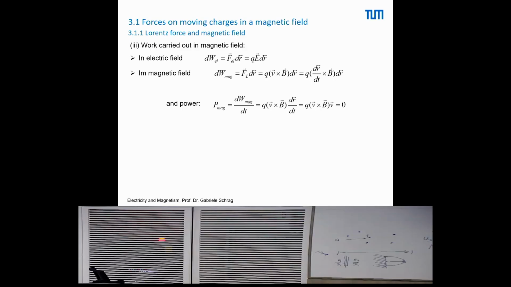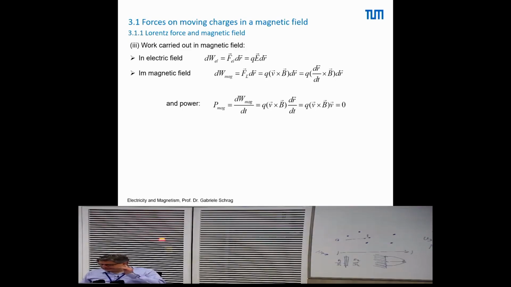The particle is moving along, so we can write that as dr by dt. And if we then take the power in comparison, then we take the differential energy or the differential work element and divide it by the dt.